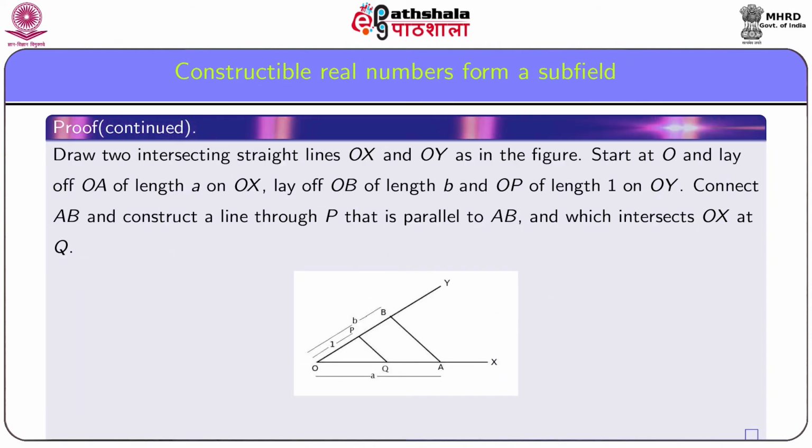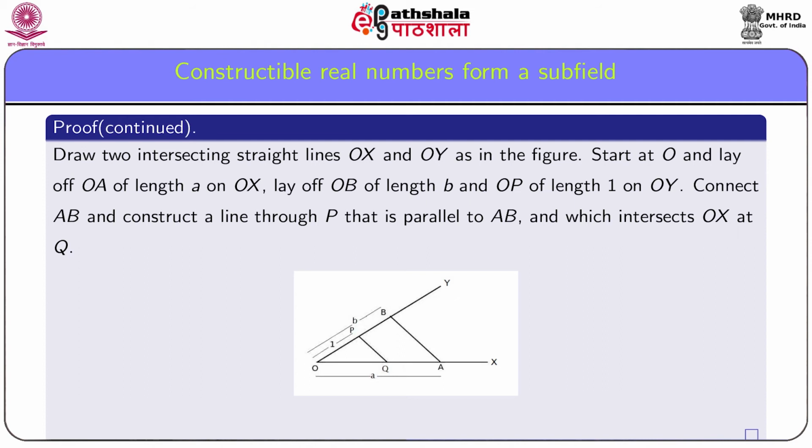Now we show that A by B is also constructible. For this, draw two intersecting straight lines OX and OY as shown in the figure. Start at O and lay off OA of length A on OX. Lay off OB of length B and OP of length 1 on OY.